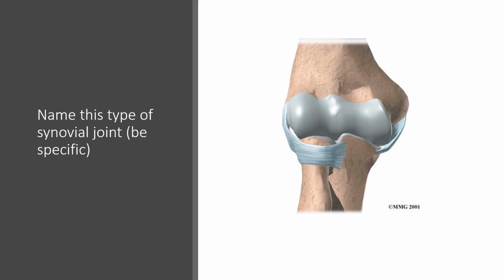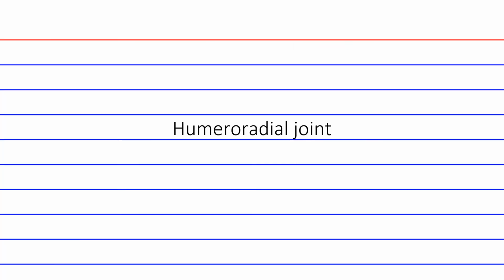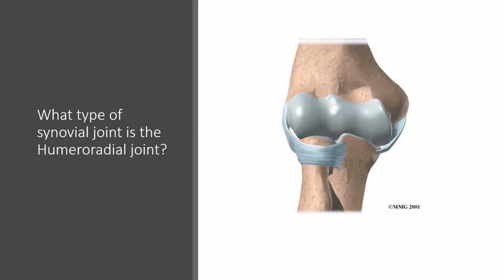All right, so name this type of synovial joint and be specific. You could have said the humeroradial joint, considering we were looking specifically at part of the humeroradial joint. What type of synovial joint is the humeroradial joint?